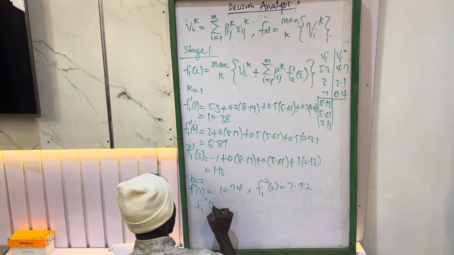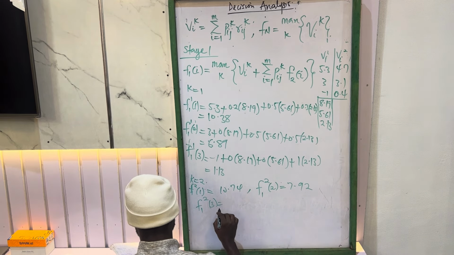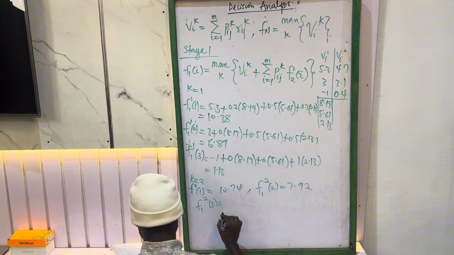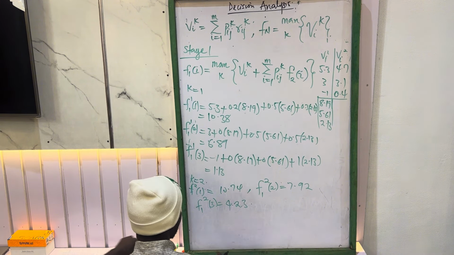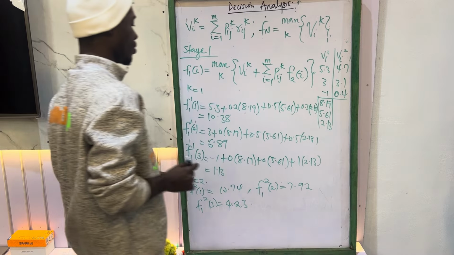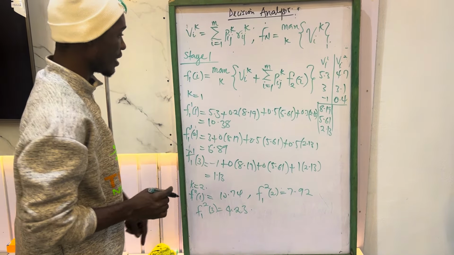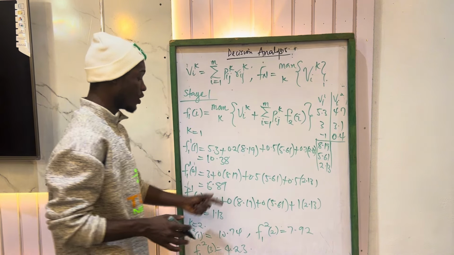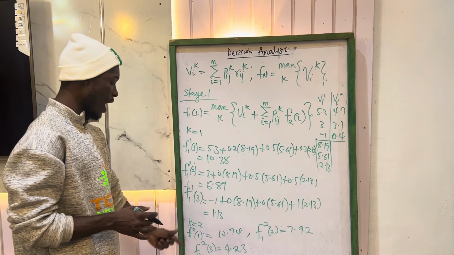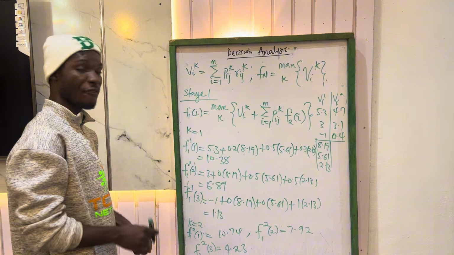F1 2 of 3 is equal to 4.23. Take note of that. So we have gotten all the values. The same process we carried out here, the only thing you do is change the probability and change this value. So you get your F of 1, F of 2, F of 3.